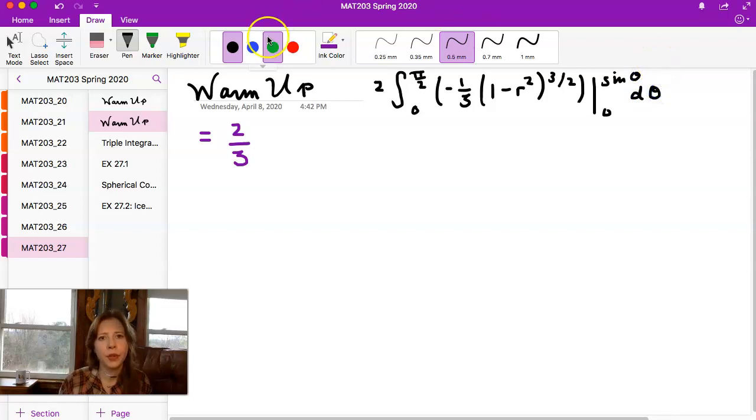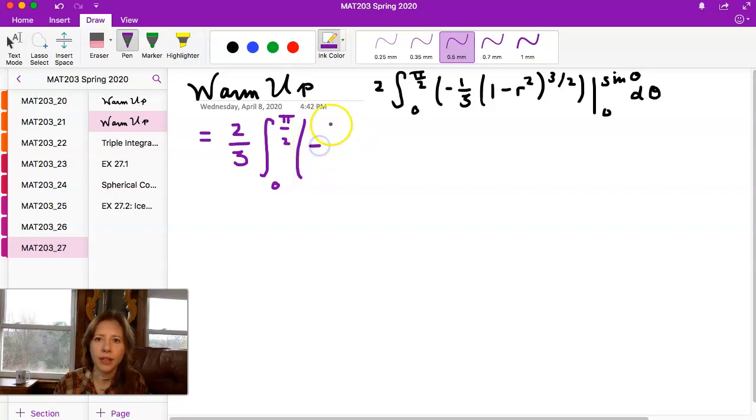Okay, so if we pull out a positive 1/3 there, and we still have 0 to pi over 2, and we have our minus, and we plug in sine theta, so we have 1 minus sine squared theta, and that's going to be to the 3/2.